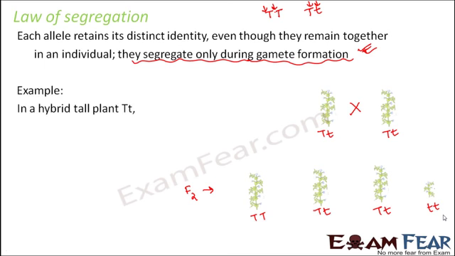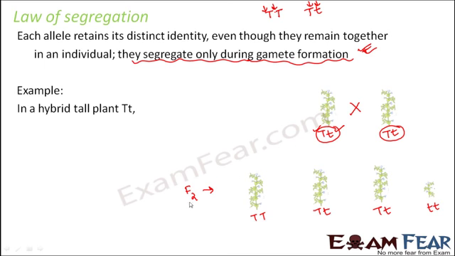He said that in a hybrid tall plant, the word hybrid is also used for heterozygous, and they mean the same. These heterozygous plants have two alleles which are different from each other. One represents the tall trait, the other represents the dwarf trait. They are together, but they have their own identity.